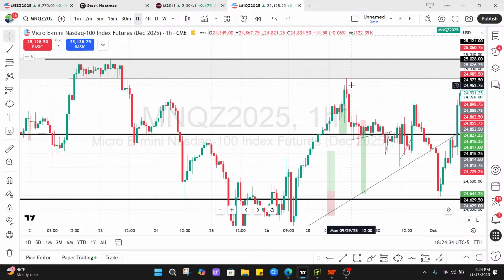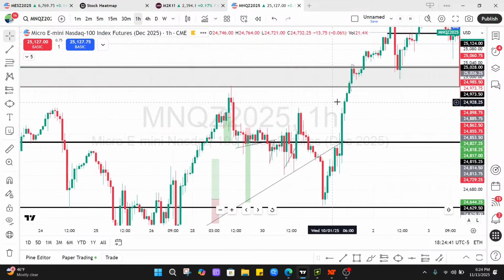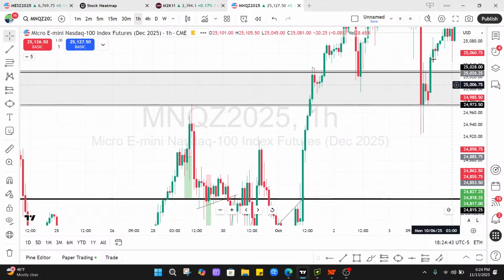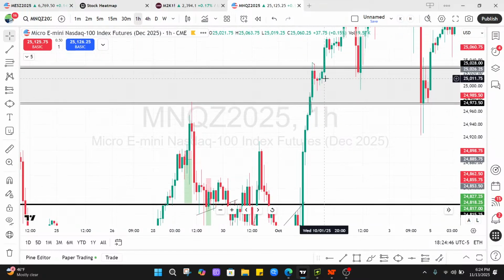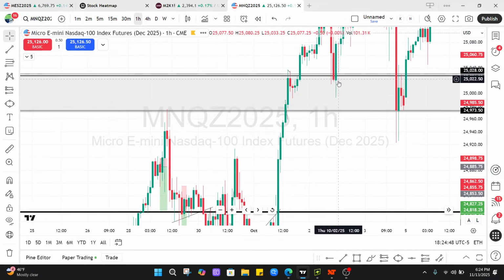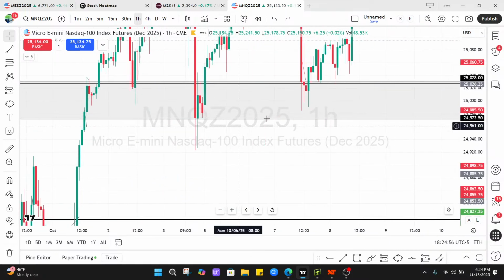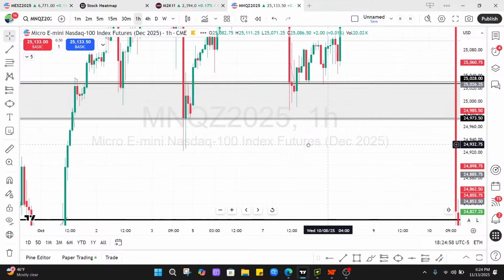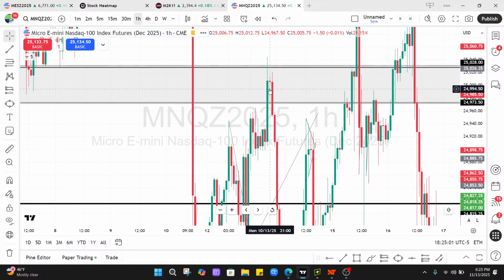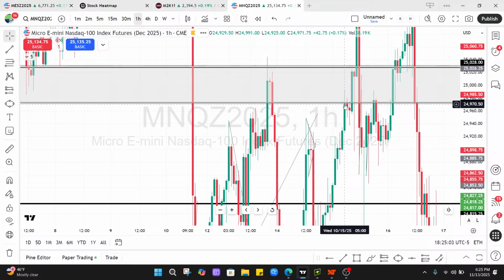Then we had this push up, which gave us rejection right in this area. It tried to push up and got some rejection, but then finally it pushed up, which became support, with these long wicks, but ultimately became support, which became rejection, which became a retest, rejection, and then support.